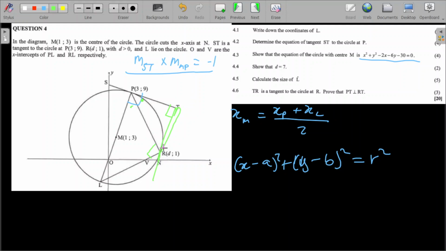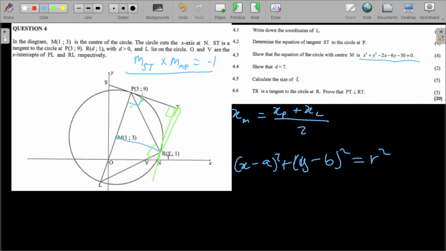Now we need to find the gradient of this line. Then the gradient of this line times the gradient of that line, if it gives us -1, then those two lines are perpendicular. Yes. Again, what I need to highlight here is, if I can find the gradient of the line from M to R.